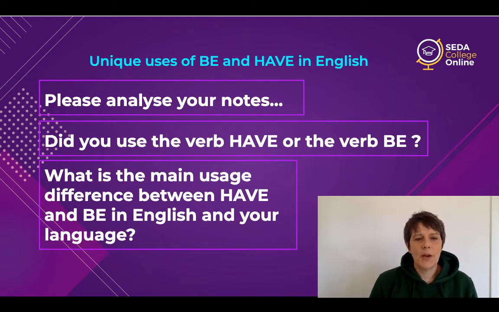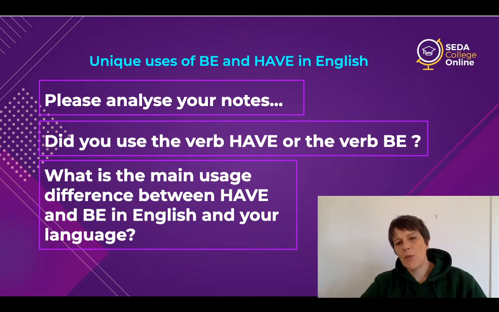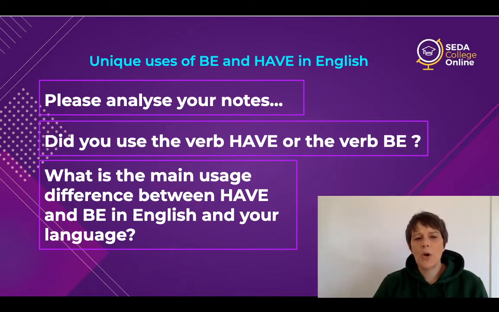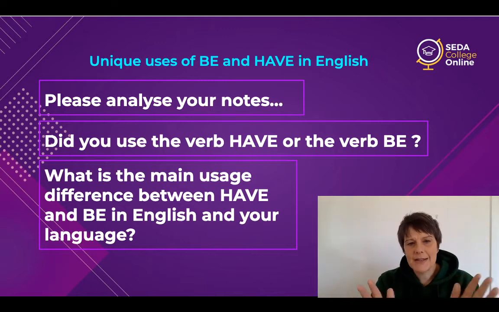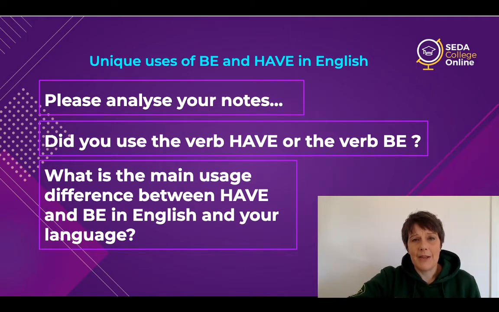I'm just trying to look at, what do you say? What comes out of your brain when you are asked to describe something? Do you stick with have, which maybe is closer to your own language, or are you able to move straight into the be verb, which means that you're doing really well and speaking English like an English speaker?